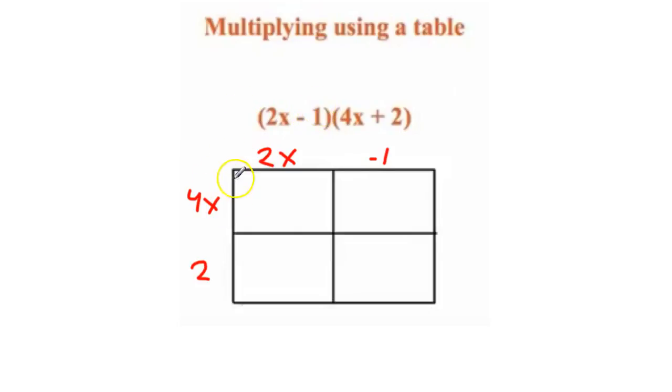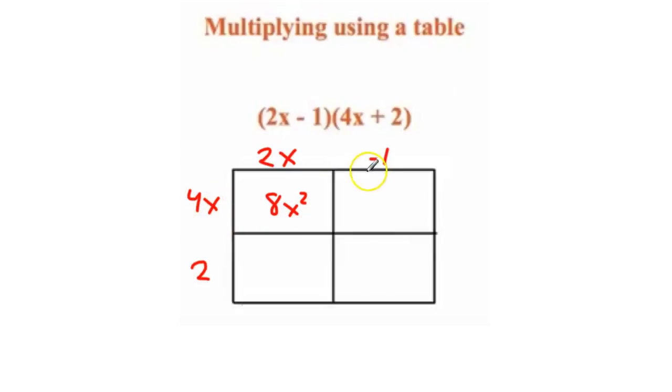What you do is, for each box, you multiply the two corresponding terms. So this top left one is going to be 4x times 2x. 4 times 2 is 8. X times x is x squared. This box over here, the top is negative 1, and for the row it is 4x.